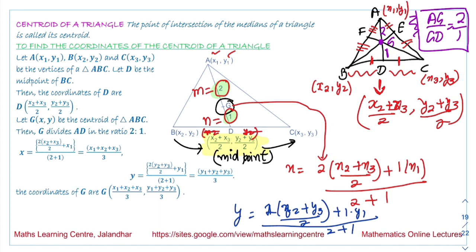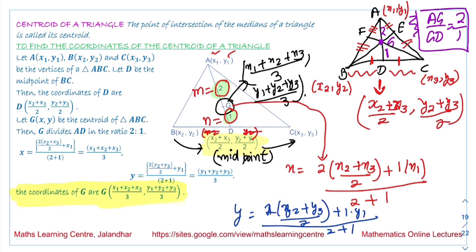So the coordinates of this point G will be x1 plus x2 plus x3 by 3 as the x coordinate, and y1 plus y2 plus y3 by 3 as the y coordinate. So the formula for finding the centroid of the triangle is (x1 plus x2 plus x3 by 3, y1 plus y2 plus y3 by 3).